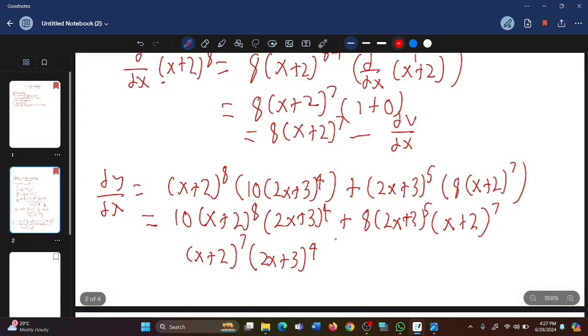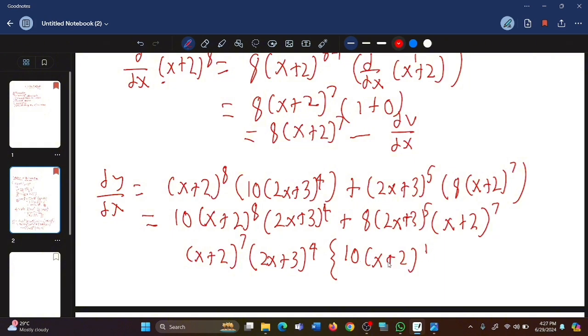Then it becomes our second bracket. As I've taken (2x plus 3) to the power 4 common, 2x plus 3 becomes 1. I've also taken (x plus 2) to the power 7 as common, then it becomes 10 (x plus 2) to the power 1, not 8. As I have taken (x plus 2) to the power 7 as common, I subtract 8 minus 7 to get the final power.